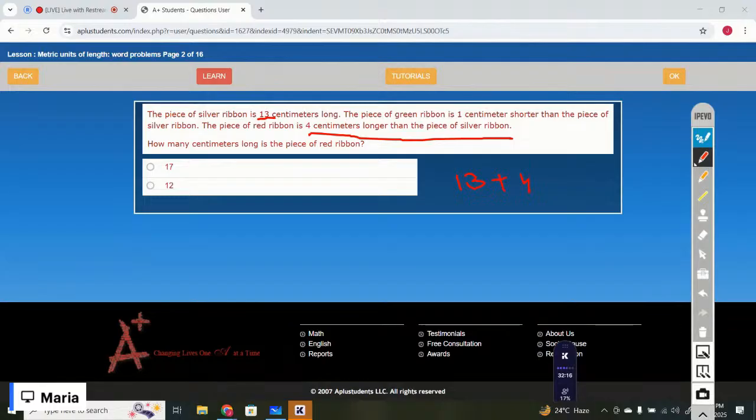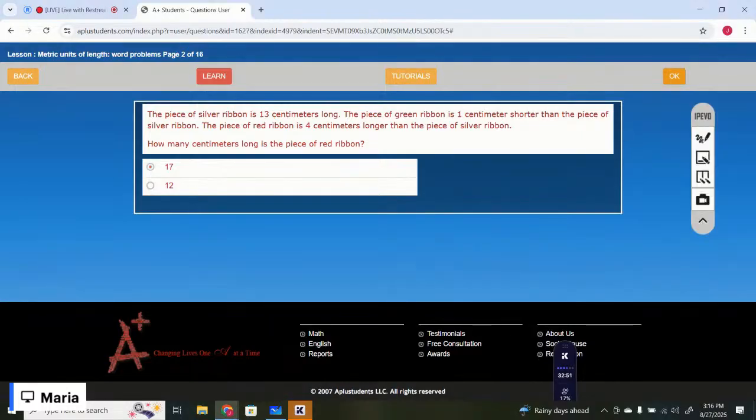So 13 plus 4 makes 17. Option number 1 is the correct option, that is 17.